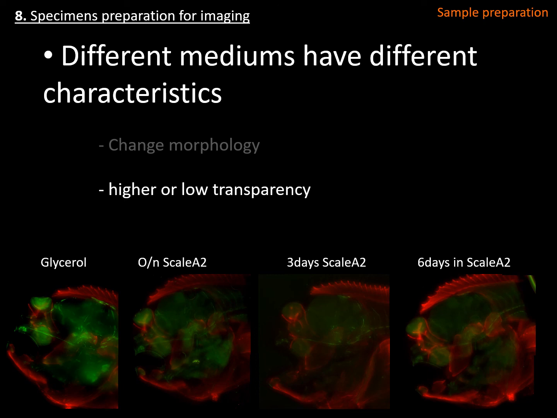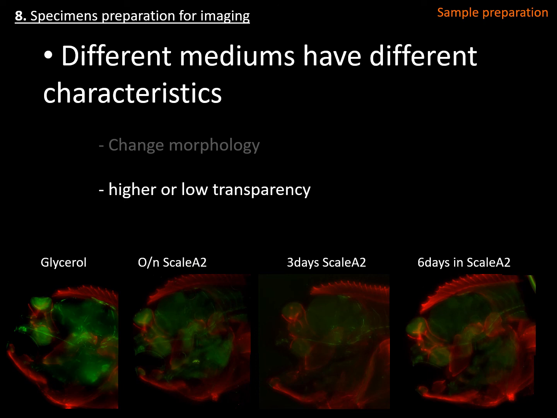So we started to try out some other reagents like Scale A, and what we found is that Scale A, as time passes, increases the transparency of the sample considerably, but as the incubation time in these mediums is carried out, at 6 days of incubation, for instance, you can start seeing great changes in the morphology of the animal. That is an artifact that is not desirable.